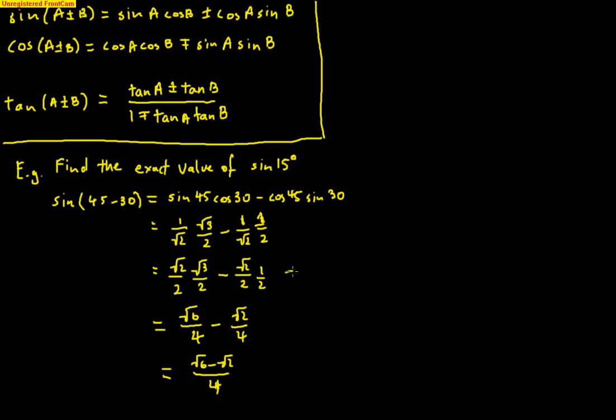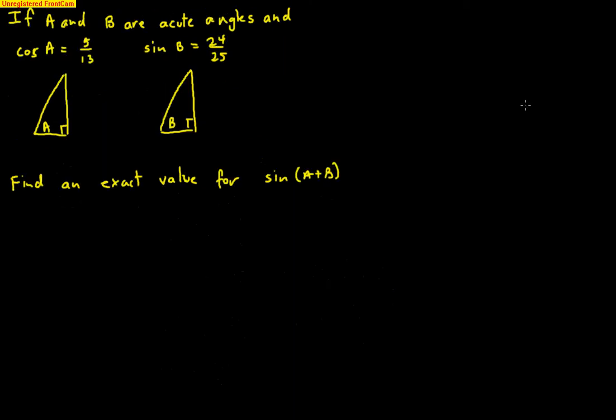Using the root 2 out here, I could have done something along the lines of root 3 on 4, take root 2 on 4, and then taking root 2 out as a common factor to get root 3, take 1, all on 4. Both are fine. Alright, let's do one more example and call it a day.